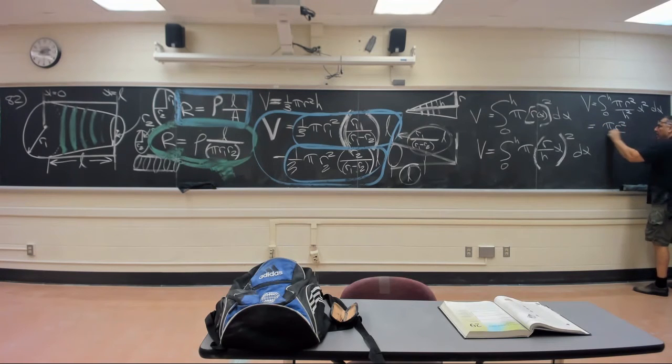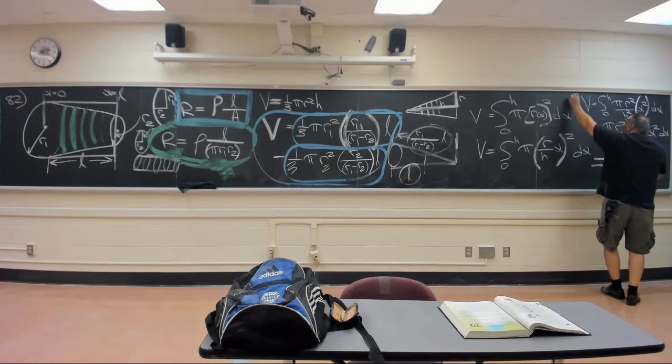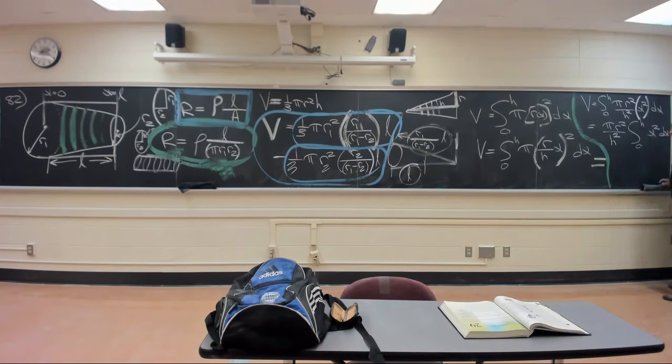Pi r squared over h squared times the integral from 0 to h of x squared dx. There's your variable. Nobody else is a variable. Pi r squared over h squared.